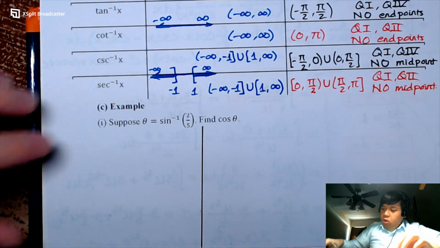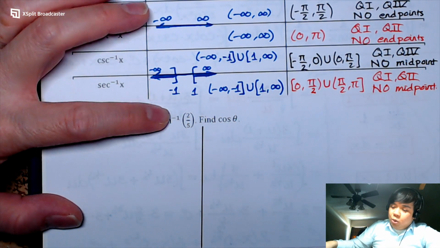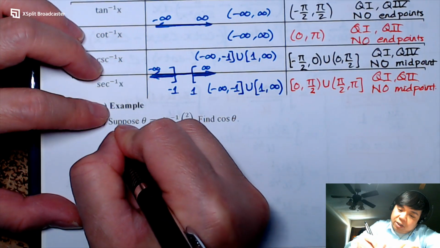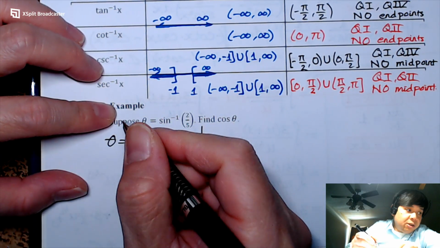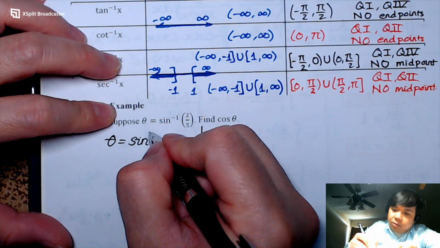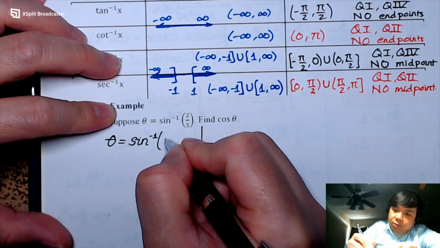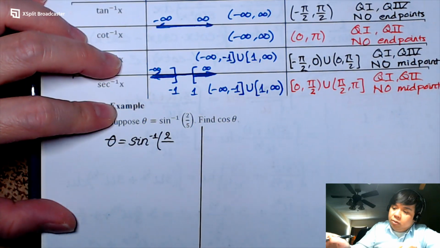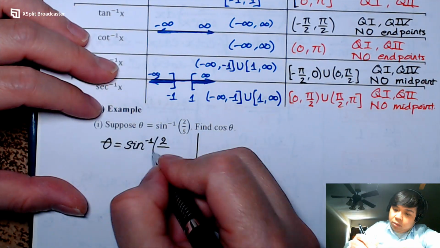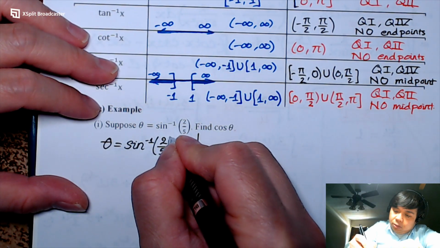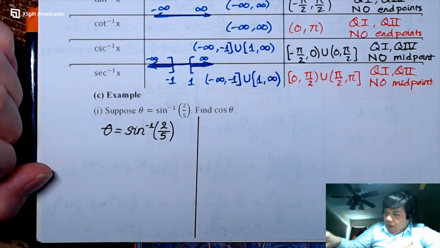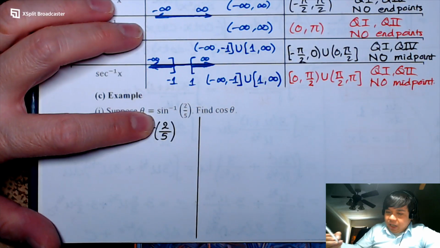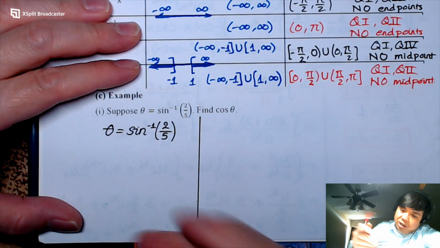Okay. So let's start with theta equal to sine inverse of 2/5. And now, to get rid of sine inverse, I can take the sine on both sides.